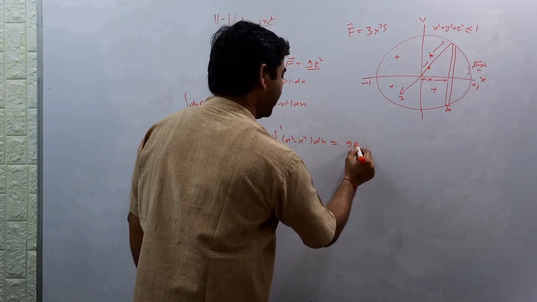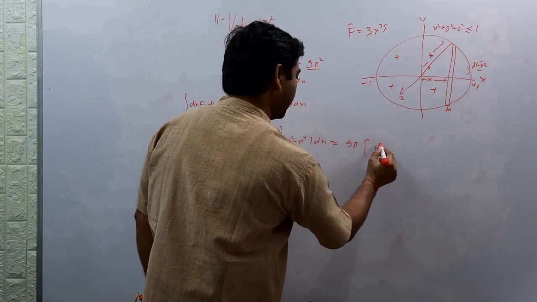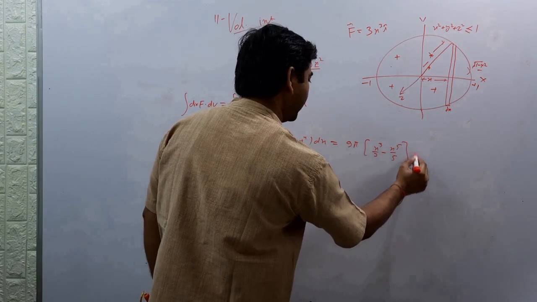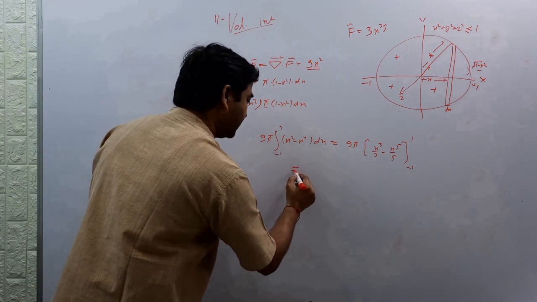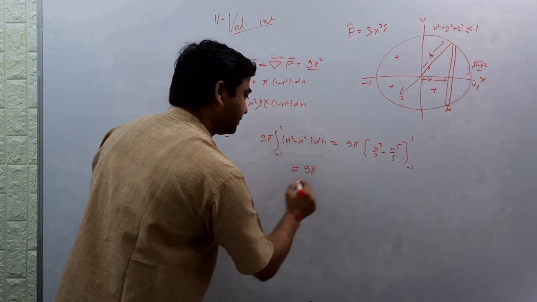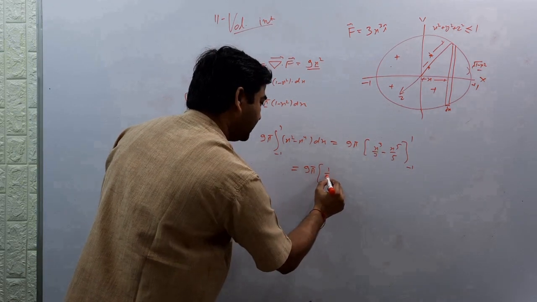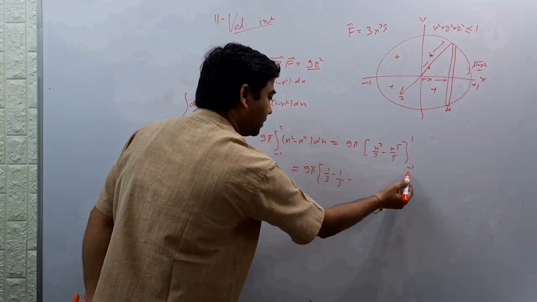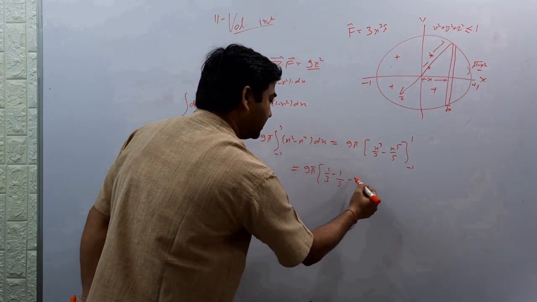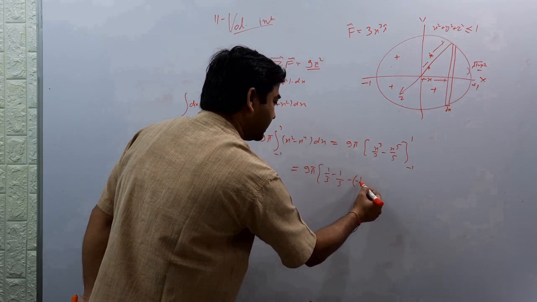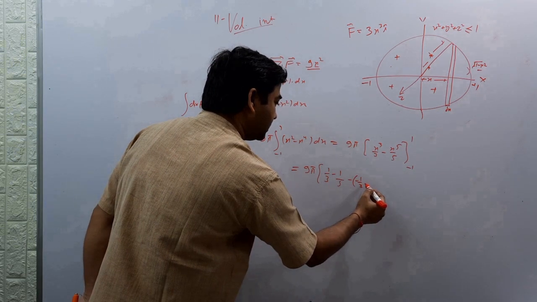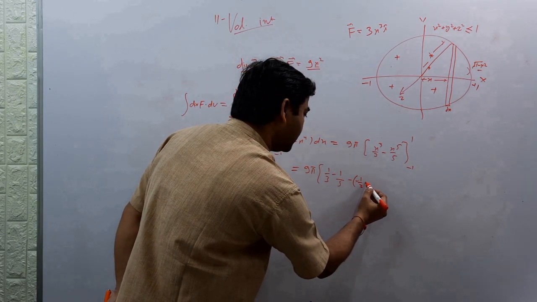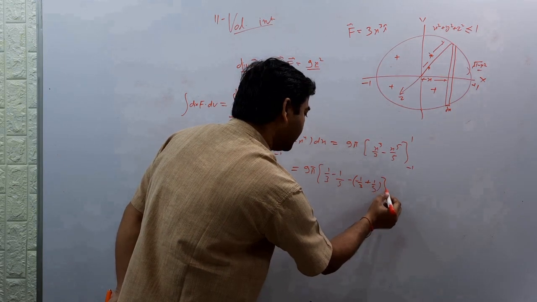This can be written as 9 pi [x cubed by 3 minus x to the power 5 by 5] evaluated between limits. This can be written as 9 pi [1 by 3 minus 1 by 5 minus (minus 1 by 3 plus 1 by 5)].